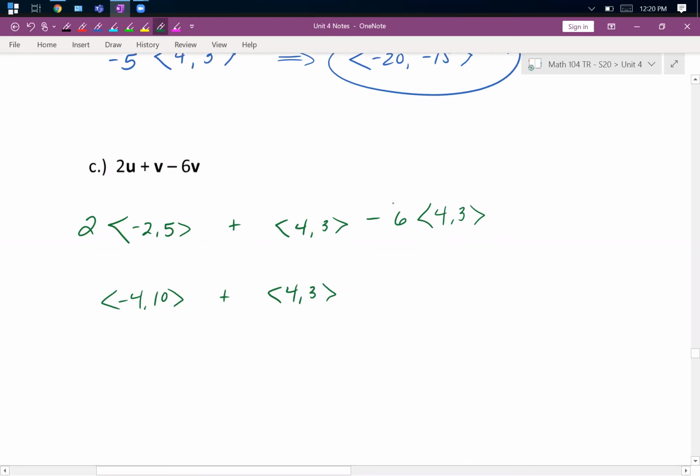Now here, I would totally distribute the negative, just like I would if they were polynomials, and turn this into plus. And then we're adding our 3 first components together, and then our 3 second components together. It's going to give us negative 24, negative 5.